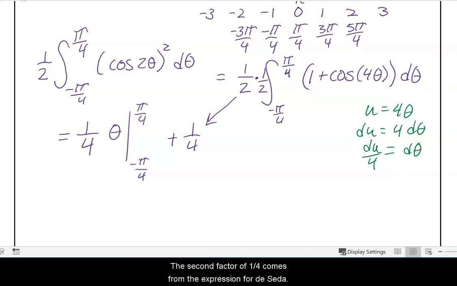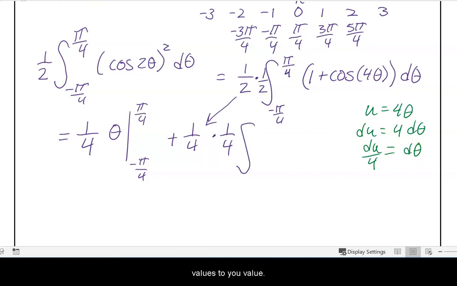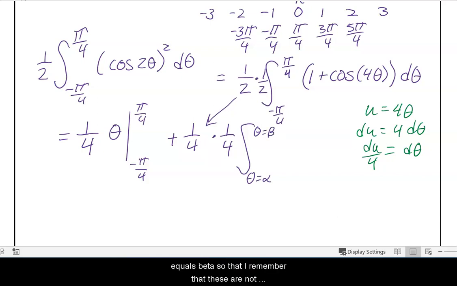The second factor of 1/4 comes from the expression for d theta. Now I am switching my limits of integration from theta values to u values. I will mark this by writing theta equals alpha to theta equals beta, so that I remember that these are not u values, but theta values.